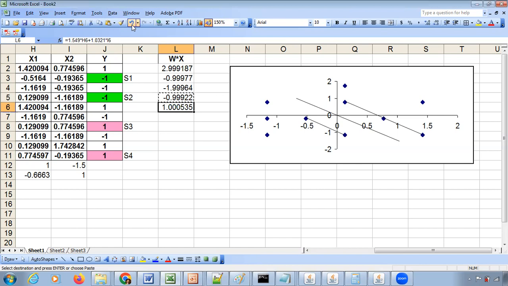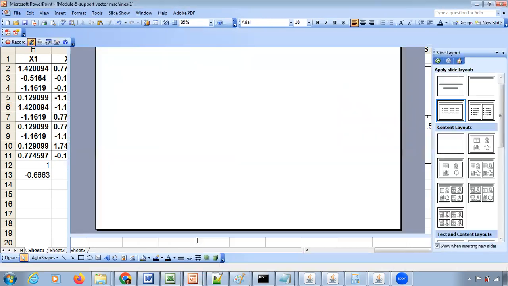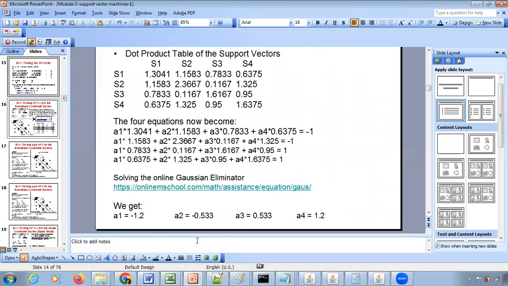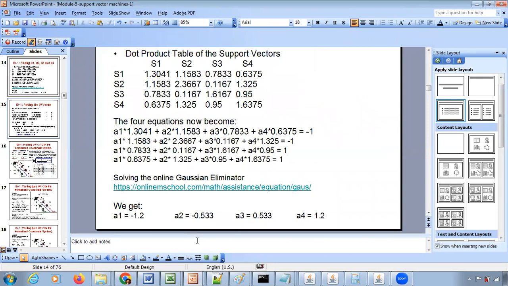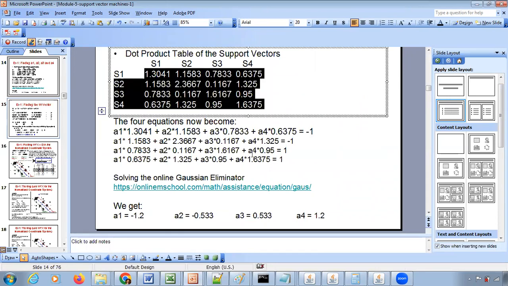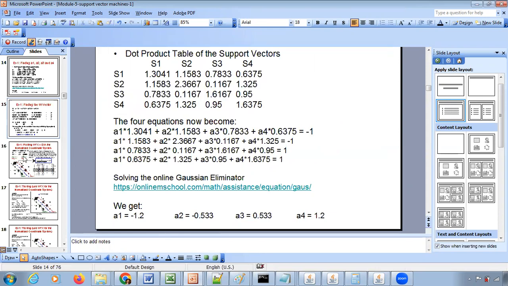Remember, we went through the math, and we remember the number of support vectors we choose decides the complexity of the equations. Since we chose four support vectors, we had four simultaneous equations to solve, and we have a dot product table involving four support vectors. If you choose three support vectors, then you're going to have a dot product table involving only three support vectors, and then three simultaneous equations we need to solve and find A1, A2, and A3, and go on.